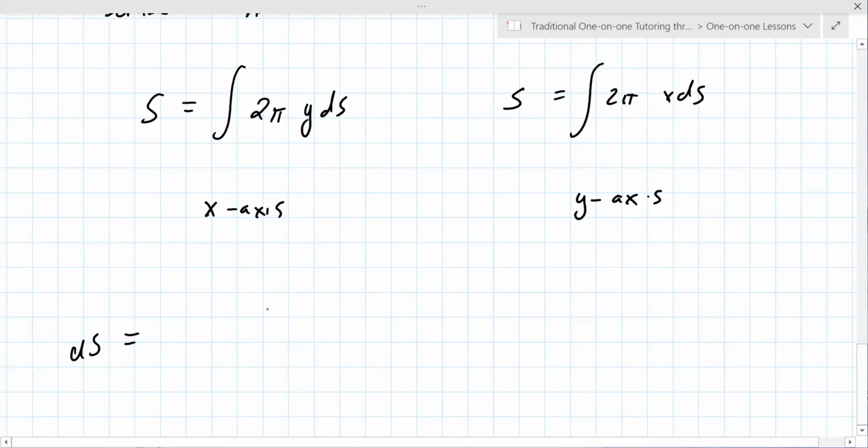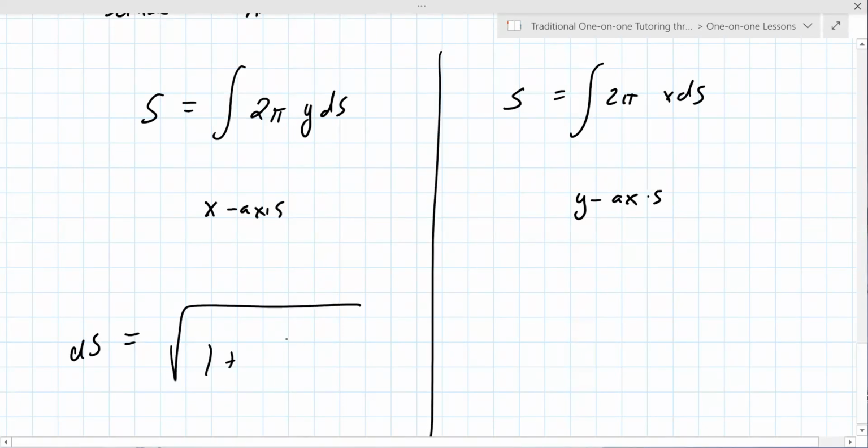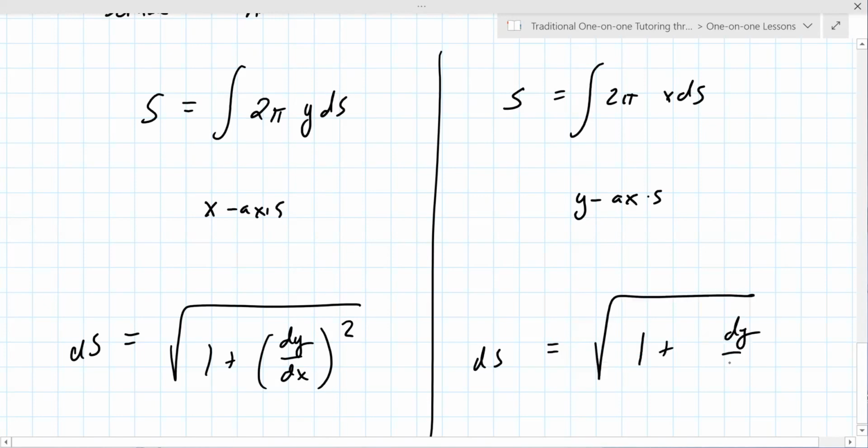So for the x-axis, ds is the square root of 1 plus (dy/dx) squared, and ds for the y-axis is the square root of 1 plus (dx/dy) squared. So you've got x and y, and you have to know both of these.